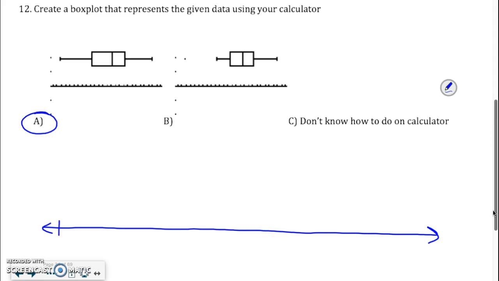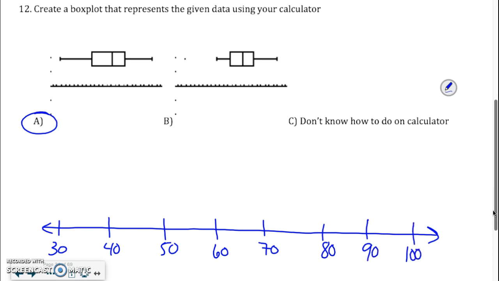So I start at 32, I end at 99. I think I'm going to go 30, 40, 50, 60, 70, 80, 90, and 100. Try to keep them equally spaced if you can, but it might not be perfect. I think I'm going to put little slashes in here to represent the 5s, the halfway point. And then I'm going to go ahead and plot my data.